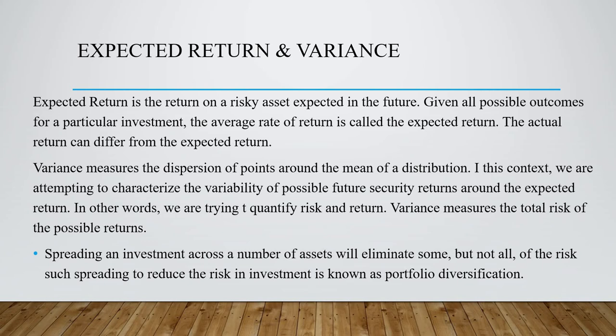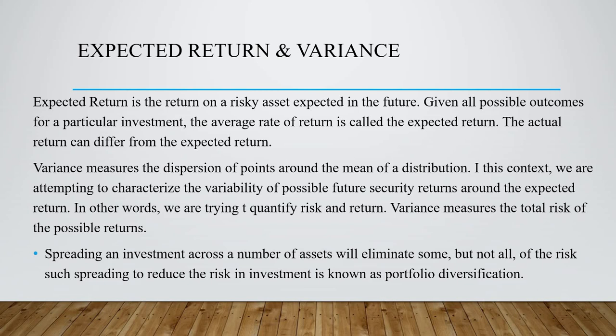Next is variance. Variance measures the dispersion of points around the mean in a distribution. In this context, we can attempt to characterize the variability of possible future security returns around the expected return. In other words, we are trying to quantify the risk and return. Variance measures the total risk of the possible return. Okay.